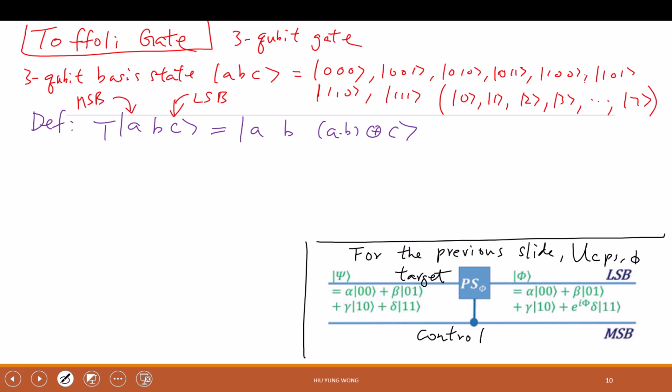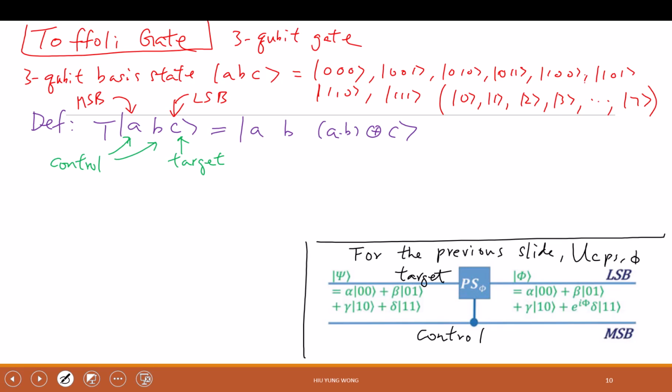Which one is being controlled? C. So this is the target. Which one is the control qubit? A and B, because the result of this qubit depends on A and B. So actually you have two control qubits, A and B.